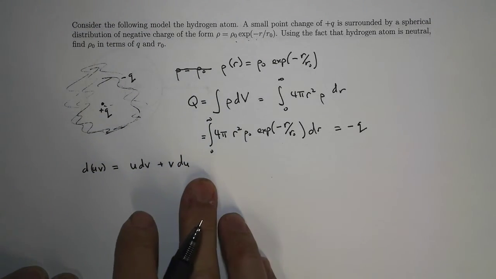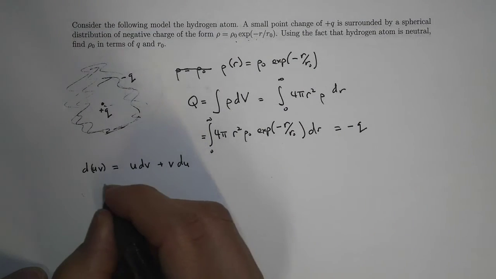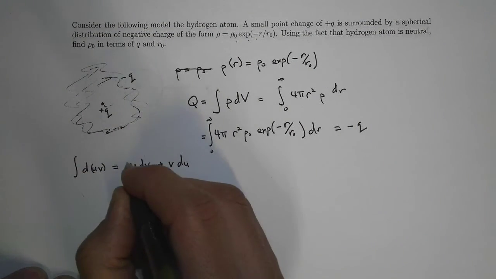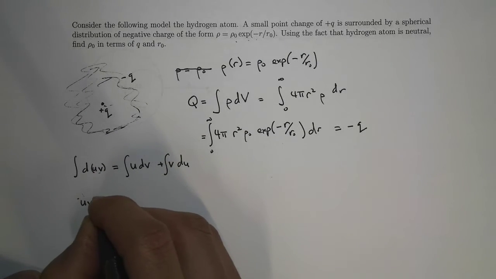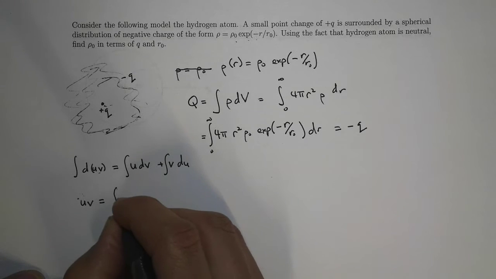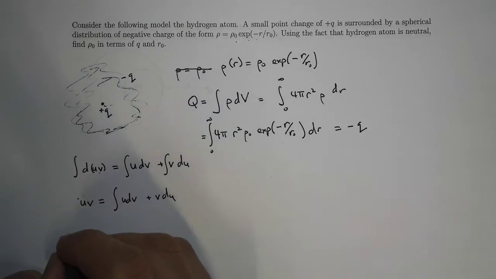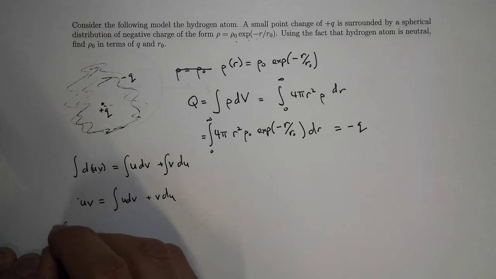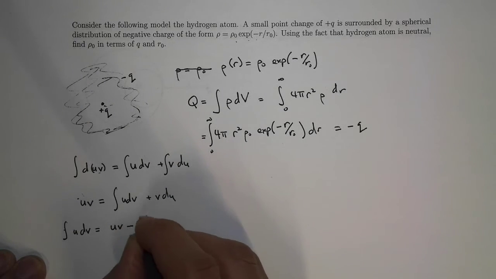Now this looks pretty simple, right? This is just the multiplication rule. So if I integrate this entire thing, the integral of this is just uv, equal to integral of u dv plus v du, or if I want to choose it, integral of u dv is equal to uv minus integral of v du.